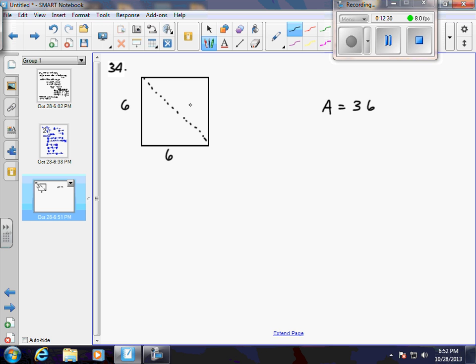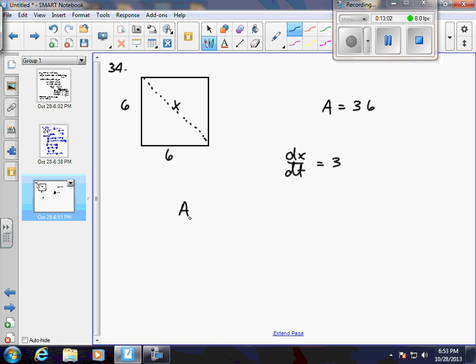We're not given that, and we don't care about it. So let's call the diagonal x. So what I know is dx/dt is 3. I need to come up with an equation for the area of this square using only x.